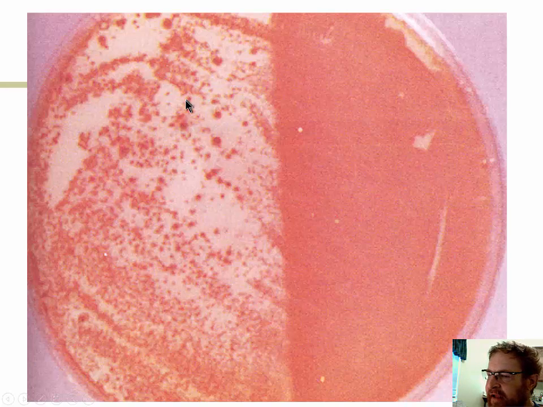This side, on the left, was exposed to the UV light, and there are so many fewer bacteria on this side than on the other side because the light was able to get in and kill them. And that actually illustrates one of the problems with sterilizing by ultraviolet radiation, is that it's pretty easy to cast a shadow so that you won't get the killing.